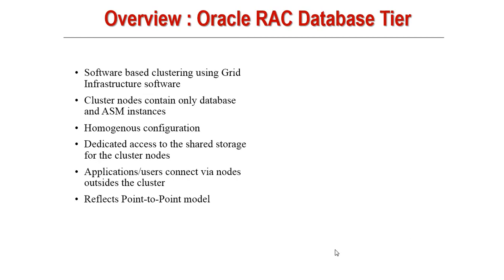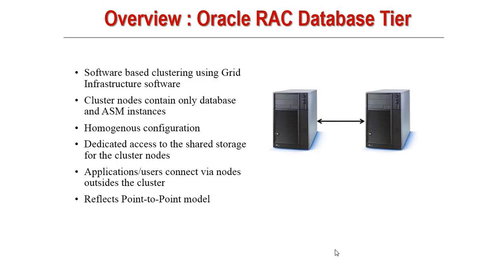So to start with, we basically talk about Oracle RAC. Oracle RAC is basically a software-based clustering solution where Oracle's cluster software, now called the grid infrastructure software, maintains the clustering aspect across multiple nodes. There are going to be minimally 2 nodes, and the number of nodes can vary depending upon the version.